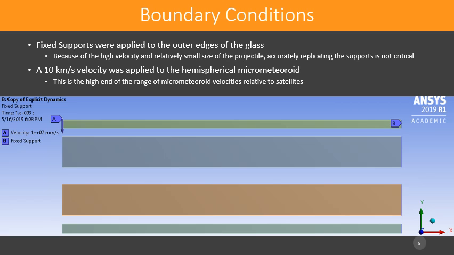Had a couple boundary conditions. I fixed the windows at the right side of each of them. And the reason I didn't want to mess with actually putting the plates in there and doing some other kind of support was because this micrometeoroid is going so fast and it's so small that really these won't see that much load.